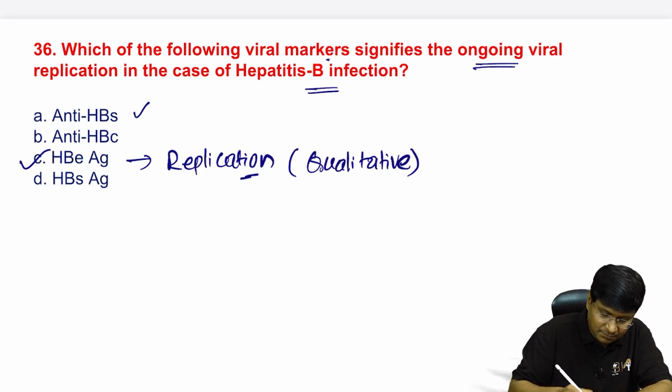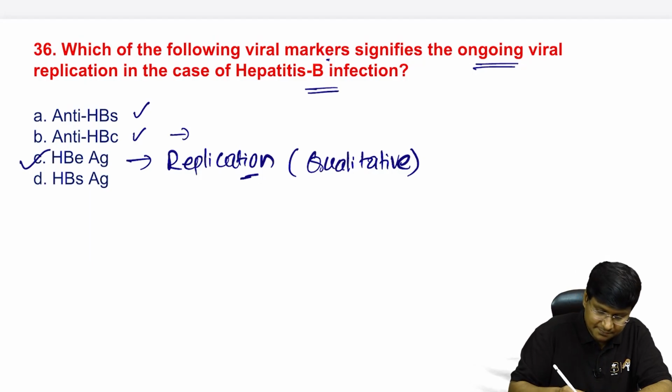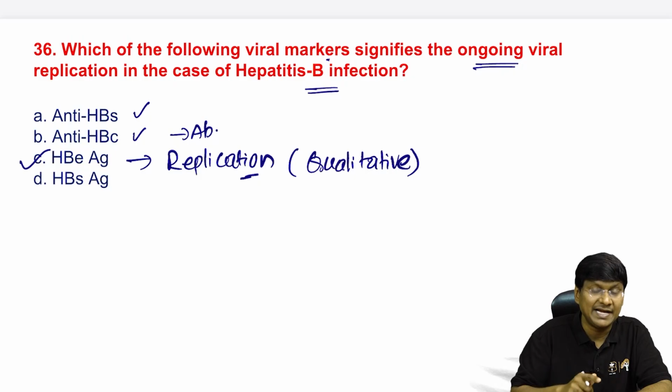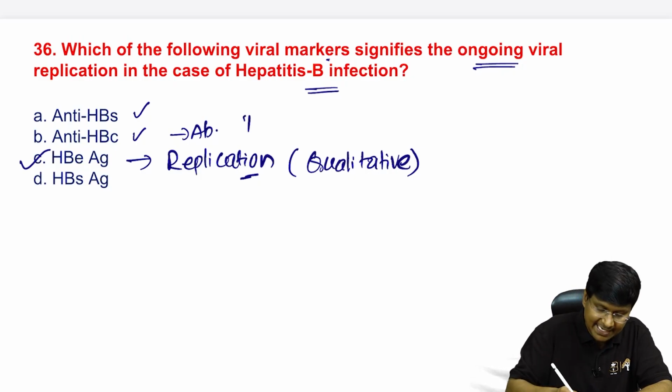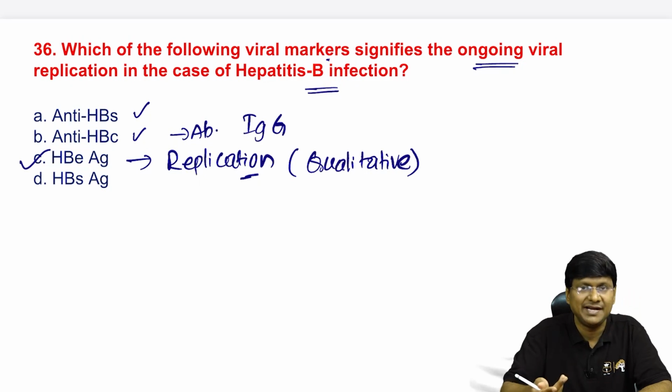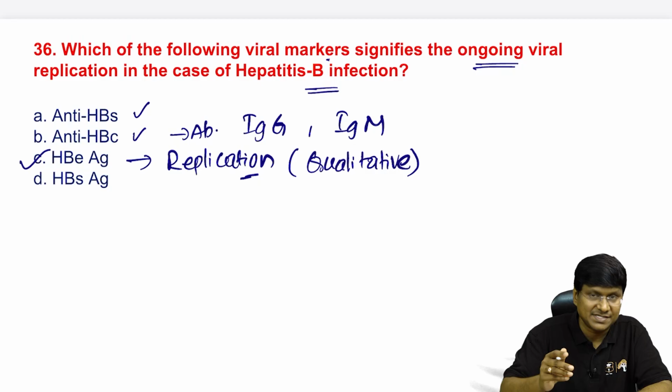Then you take anti-HBsAg, the antibody which represents that the individual is cured. Anti-HBc is the antibody that is formed against the virus: IgG anti-HBc in chronic infection, whereas IgM anti-HBc is in acute infection.